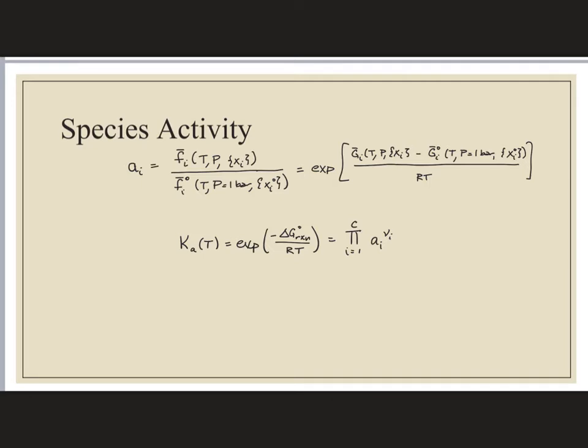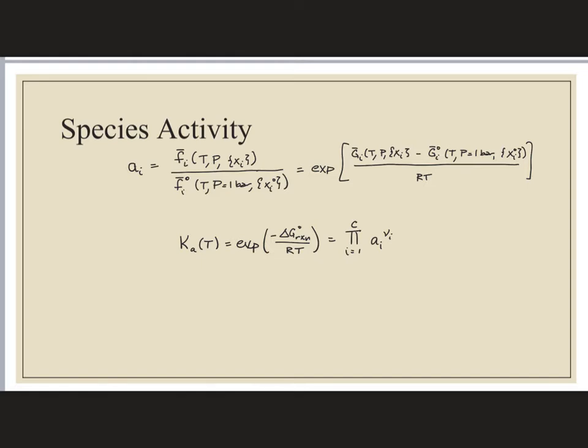So, species activity is defined as the fugacity of the substance at whatever temperature, pressure, and molar composition in the mixture, divided by the reference fugacity of that species at a pressure of 1 bar and at a reference mole fraction.